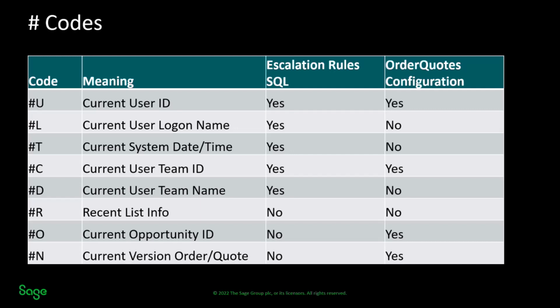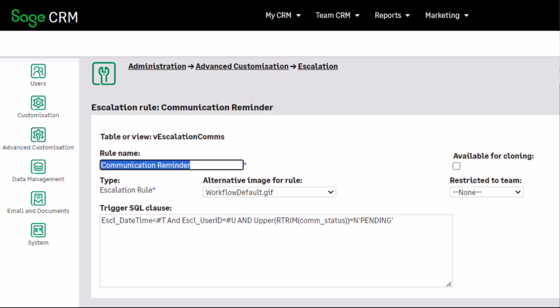But if we also look at escalation rules, we can see that we've got the ability to grab hold of certain information about the team that the user belongs to, the user themselves, their logon ID, their logon name, as well as the system time. And this is used mostly in escalation rules. And here you can see an example of an escalation rule that is doing exactly that inside Sage CRM.